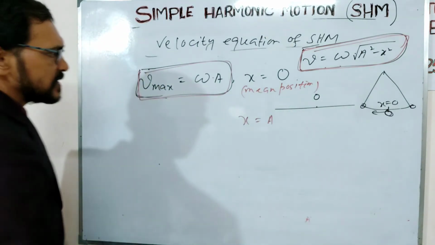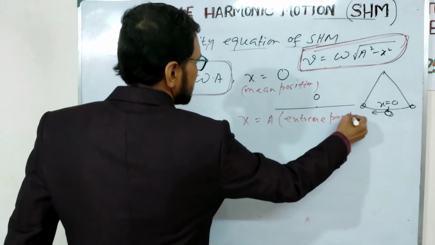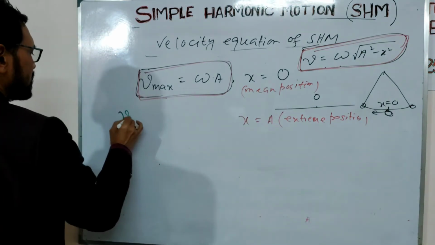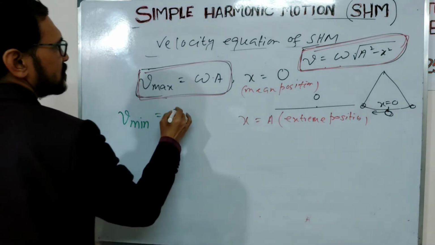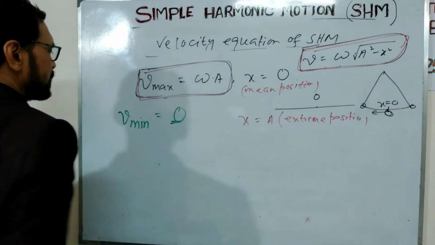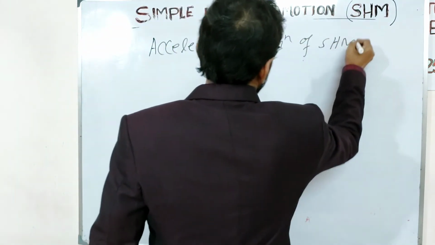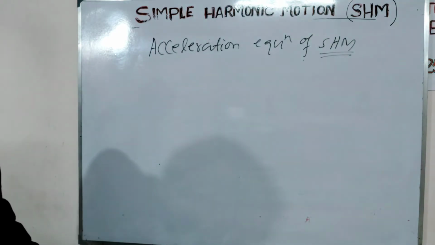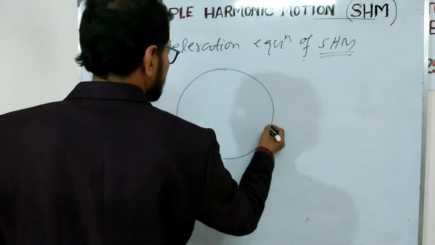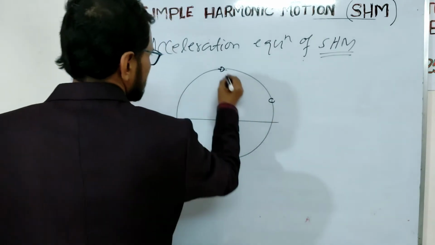So when x equals a, v will be minimum, and the minimum velocity will be 0, because if we put x equal to a, then we get 0. Now, the acceleration equation of SHM. Suppose this is the diameter.